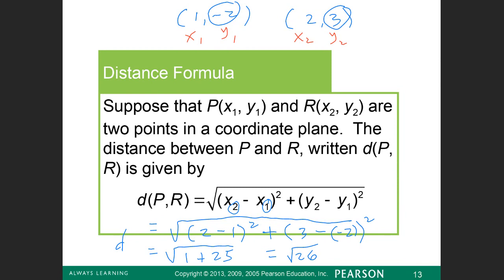Could be 2 and 13. 2 is not a perfect square and 13 also is not. So just leave it like that. And our answer now is just radical 26 to be exact. Okay. And that's how you apply the distance formula.